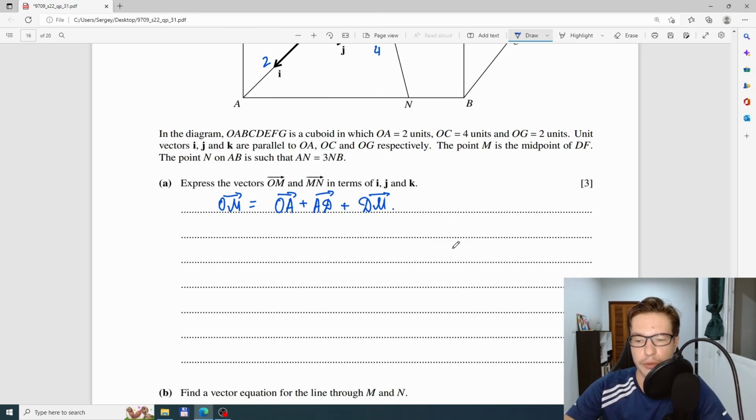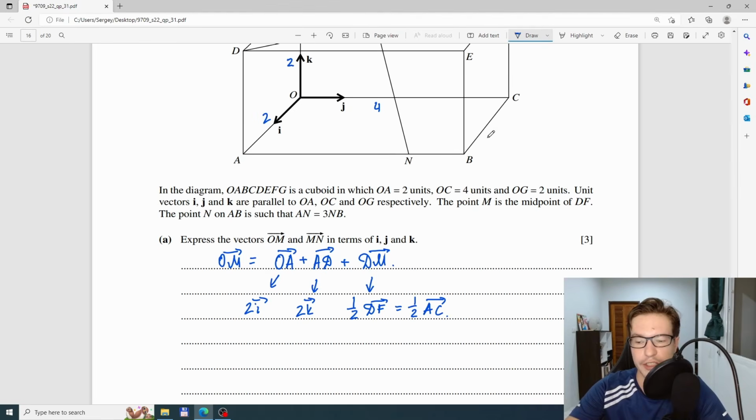Now, we know that OA is going to be 2i. Vector AD is 2k. Now vector DM, because M is the midpoint, is going to be a half of vector DF, which is actually the same as vector AC. So it's going to be a half of vector AC. Now, how can I move from point A to C using vectors i and j?